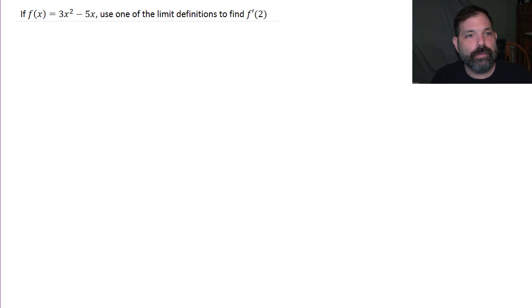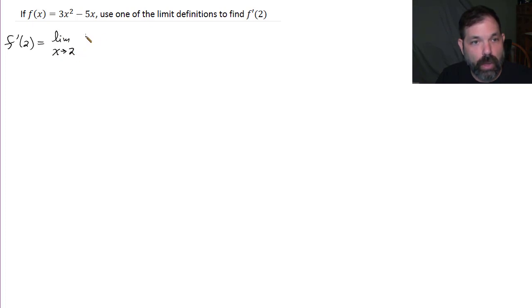So suppose we were given the function 3x squared minus 5x. We were to use one of the limit definitions to find f prime of 2. So we could say that f prime of 2, using the first definition, would be the limit with x approaching 2 of f of x, which is 3x squared minus 5x, minus f of 2.